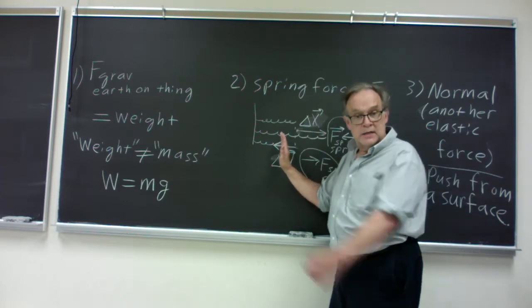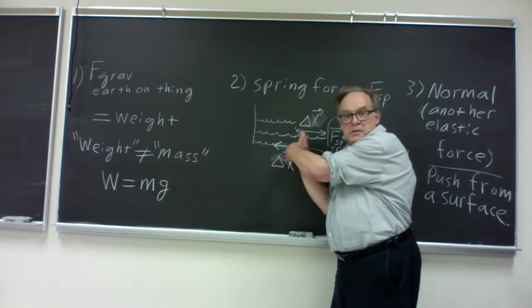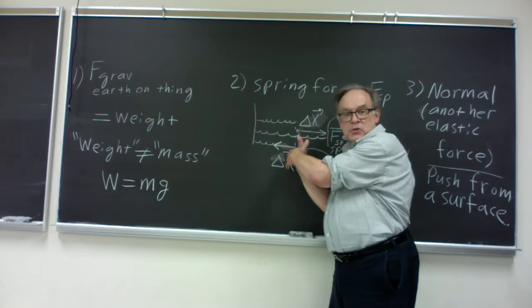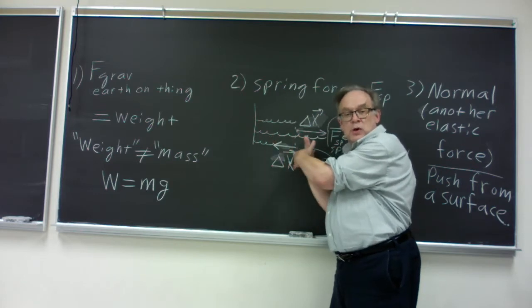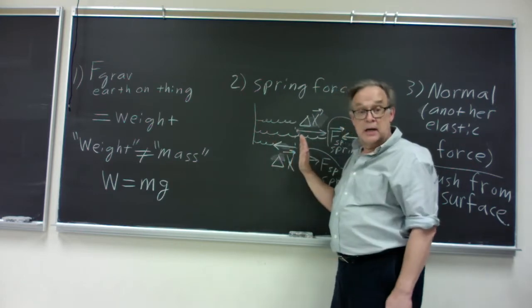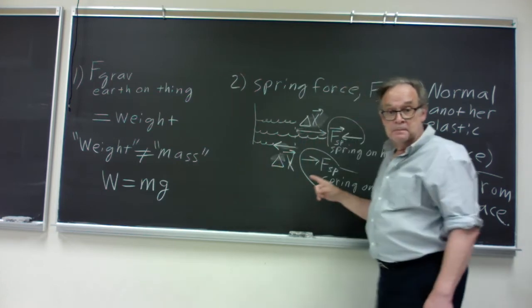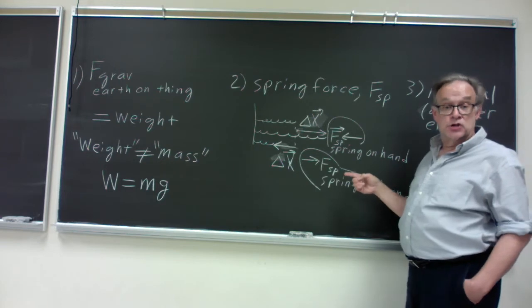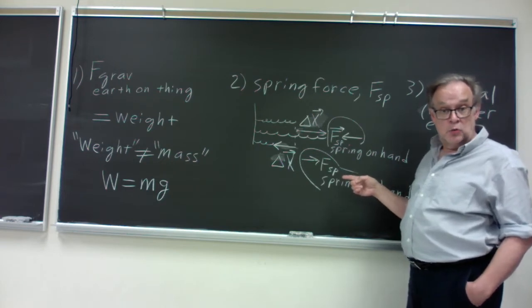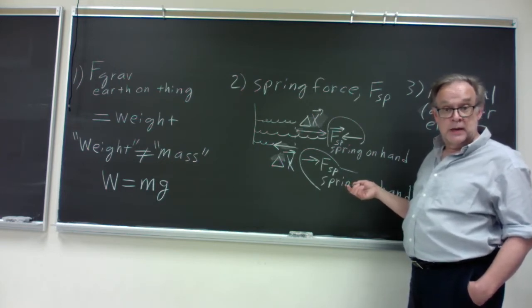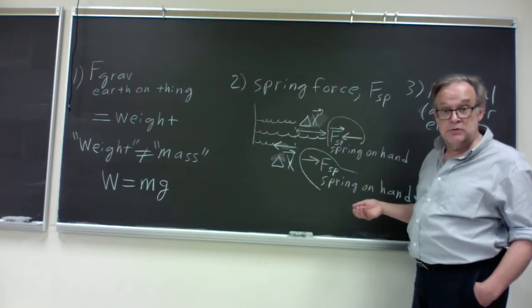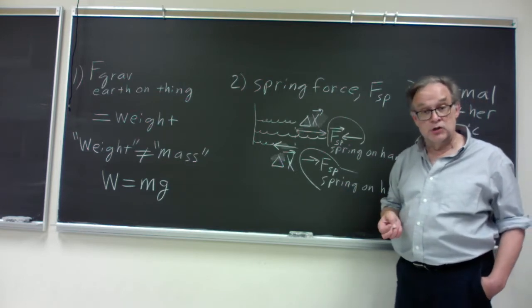But it's trying to snap back to its original longer length. So as a result of trying, it's pushing on me. I push on the spring one way, and the spring pushes back on me the other way. And the spring pushes back on me because it's an elastic object trying to return to its original shape.